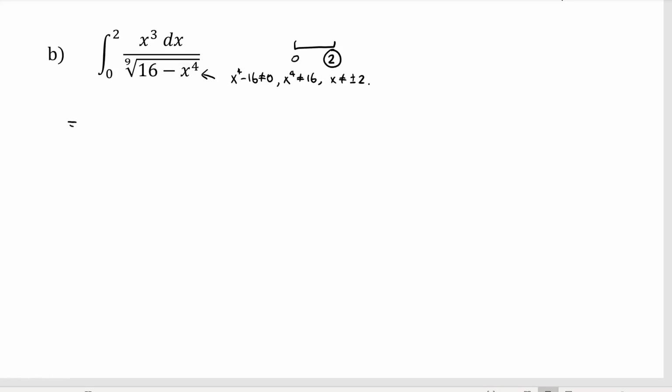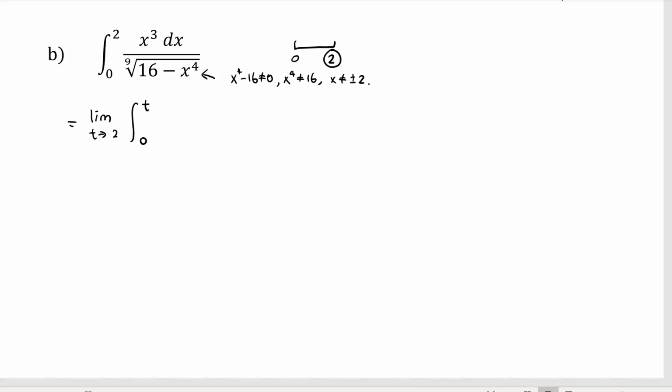Okay, so we replace 2 by, let's say, t. Usually if we have one improper value, I would call it t. If we have two improper values, like the last example, I call them a and b. So t is going to 2, and then we have 0 to t.